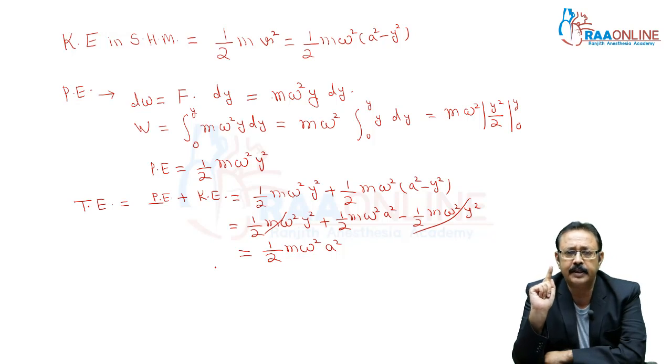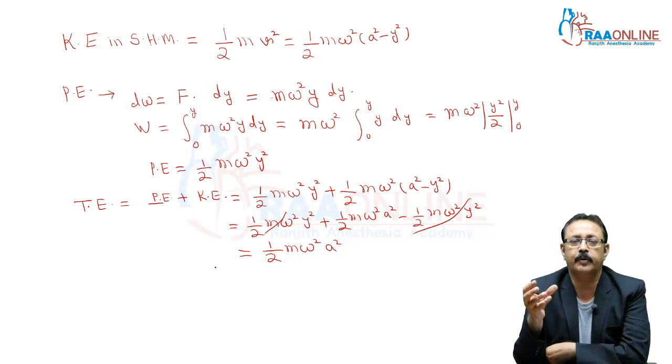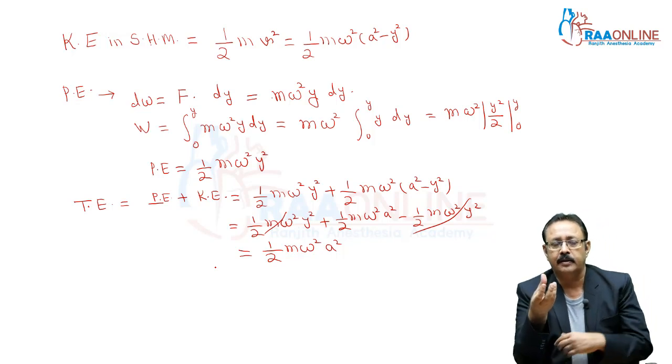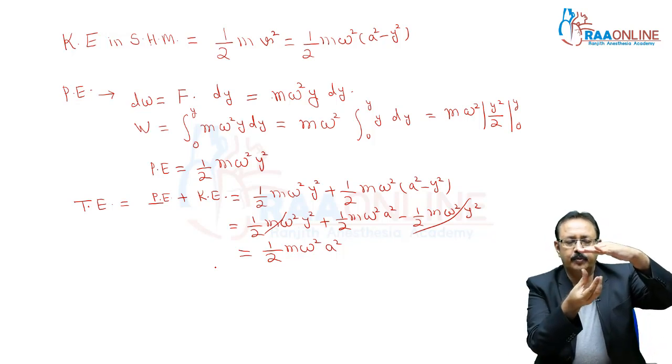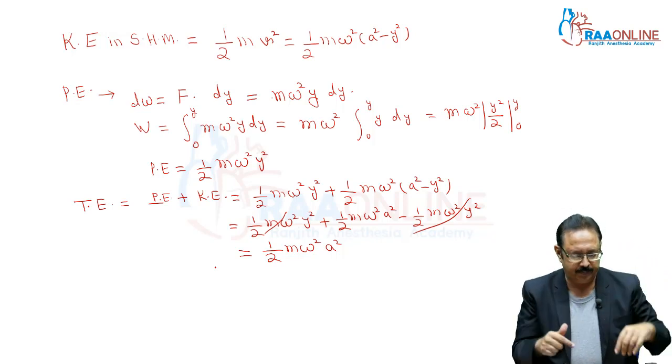Now, very easily we can prove that motion of simple pendulum is simple harmonic motion. Motion of a spring, if you attach some mass with a spring and you give some jerk to that mass, after leaving the mass it will do simple harmonic motion.